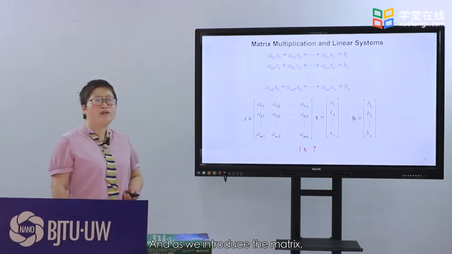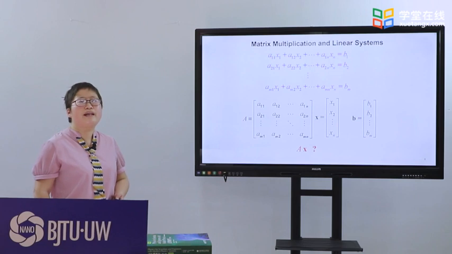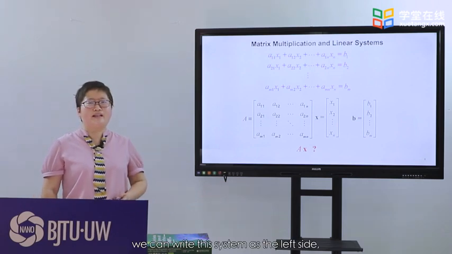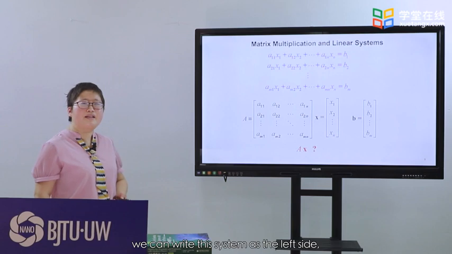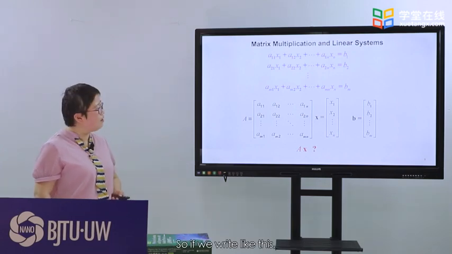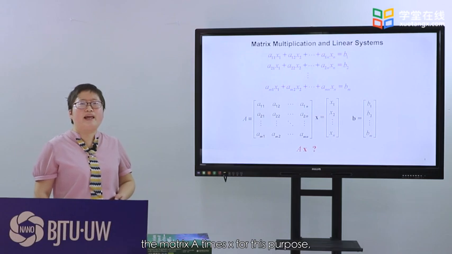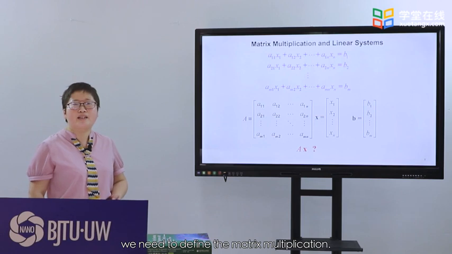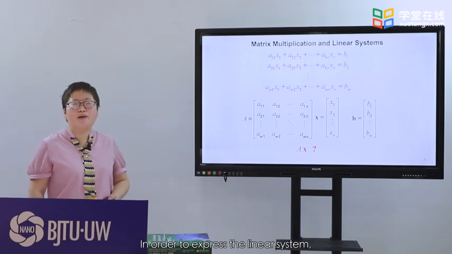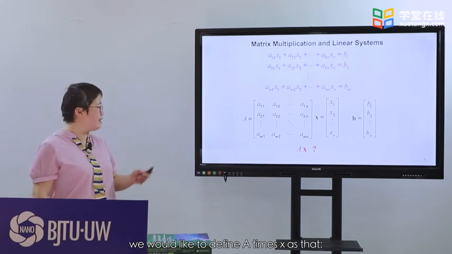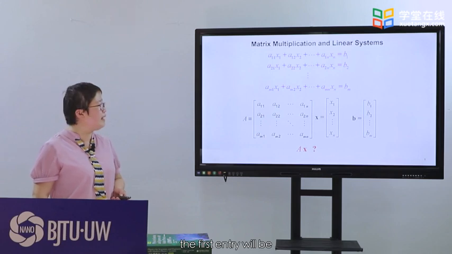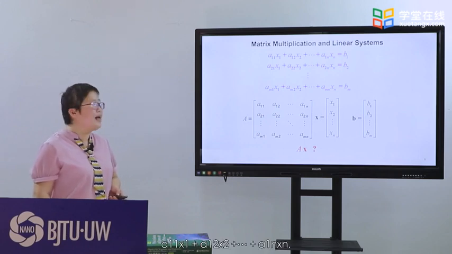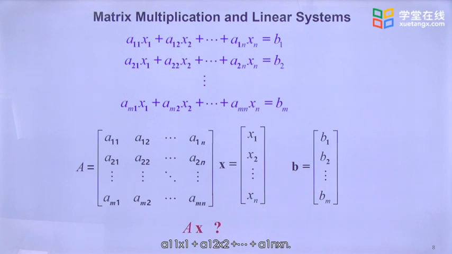And as we introduce the matrix and the vector, we can write this system with the left side as A times X. If we write it like this, for this purpose we need to define matrix multiplication. So in order to express the linear system, we define A times X so that the first entry is a11 x1 plus a12 x2 plus and so on plus a1n xn, right?